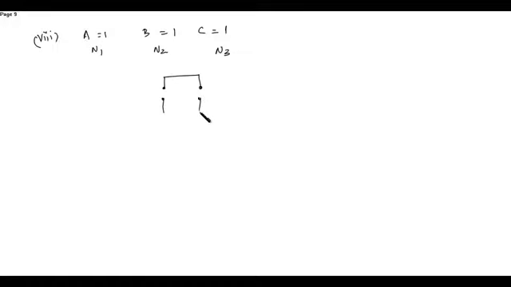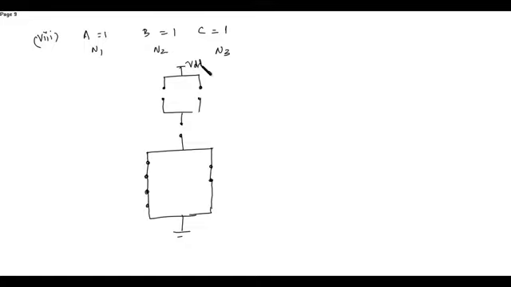So all the PMOS are represented in open circuit and the NMOS are represented in short circuit. This is VDD. This is P1, P2, P3. This is N1, N2 and N3.